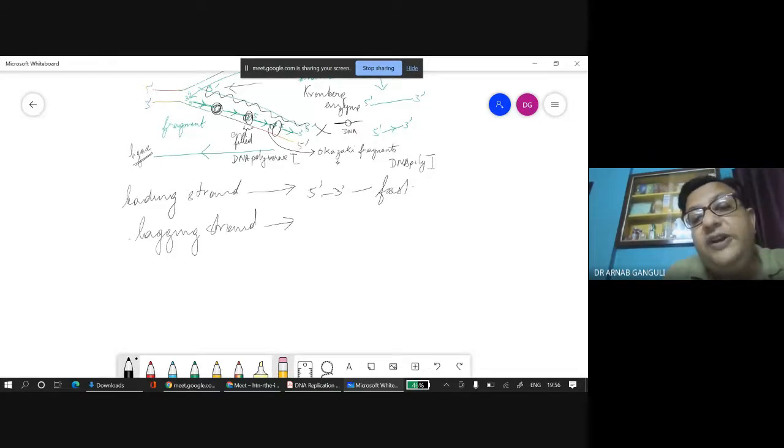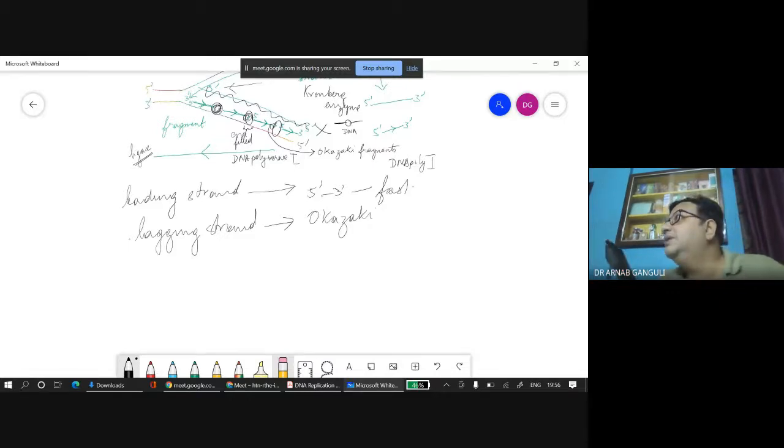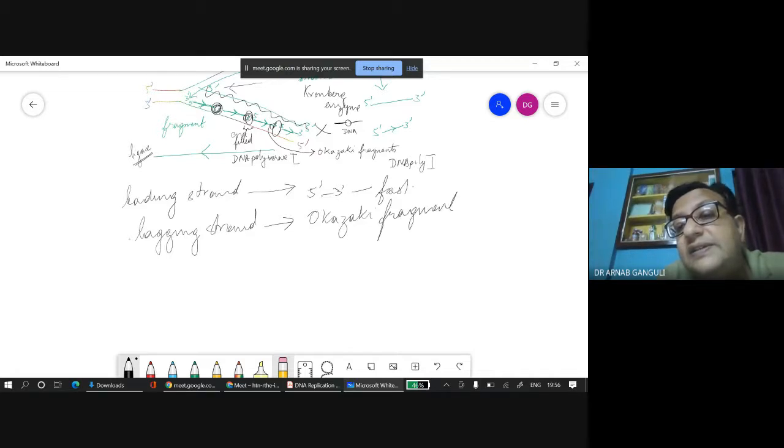And you find over here other strand is known as Okazaki fragment.